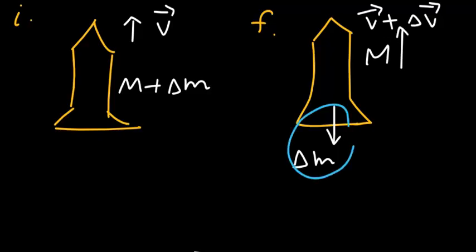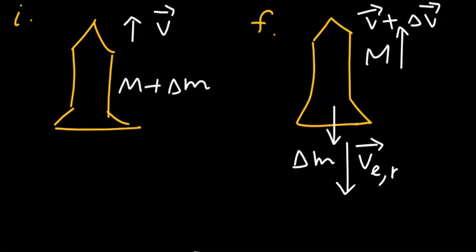This exhaust has a certain speed with respect to the rocket, and let's assume that velocity is downward. We can label it as v_er, the speed of the ejected fuel away from the rocket as it's being burned, or the velocity of the exhaust gas with respect to the rocket.